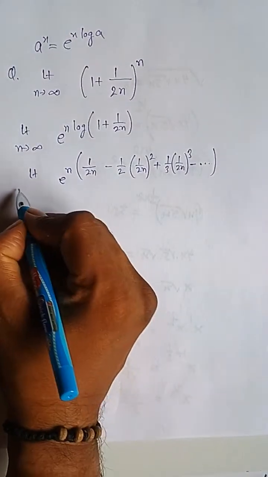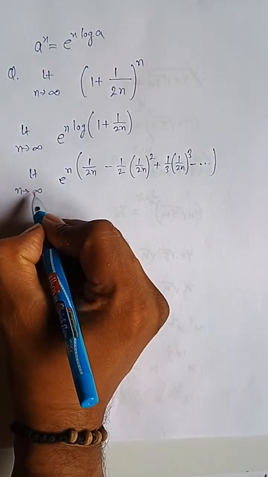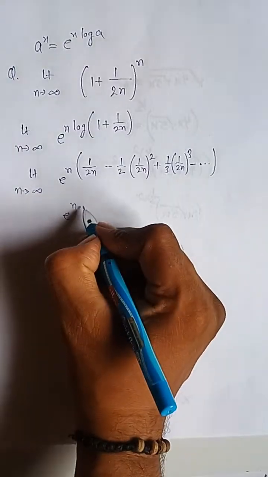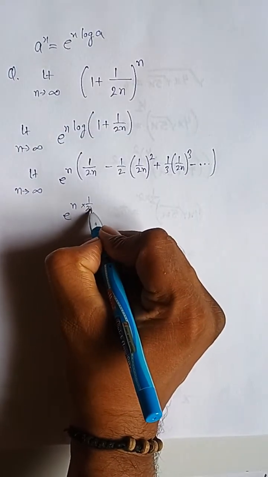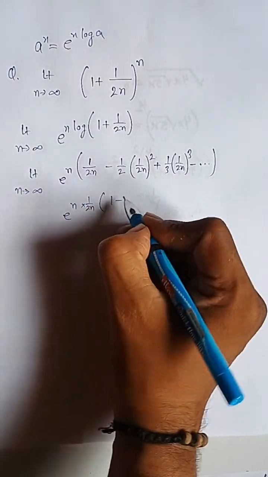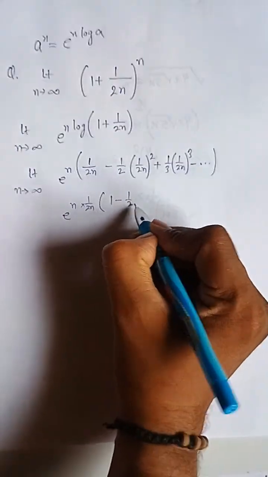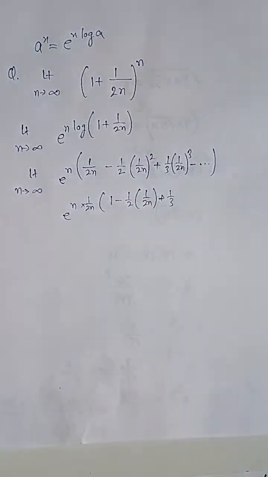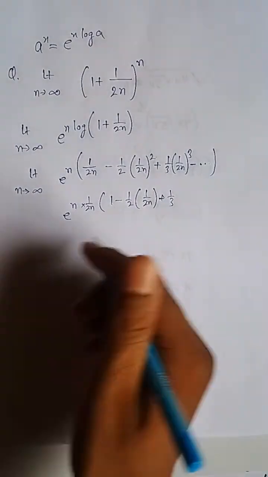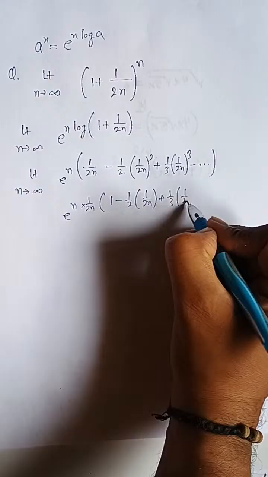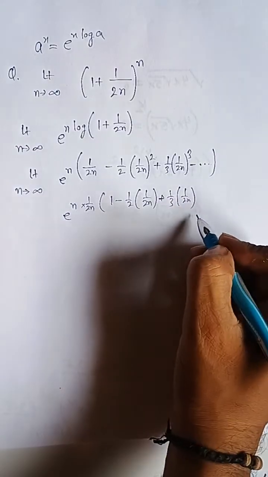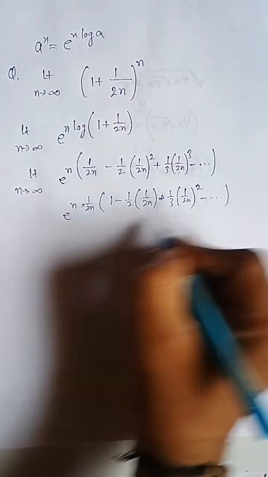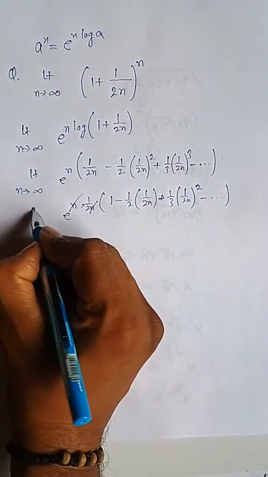Then limit n tends to infinity. Here we have n, and I am taking 1 by 2n common. So we have 1 minus 1 by 2, 1 by 2n plus 1 by 3, 1 by 2n squared, minus dot dot dot. n cancels.